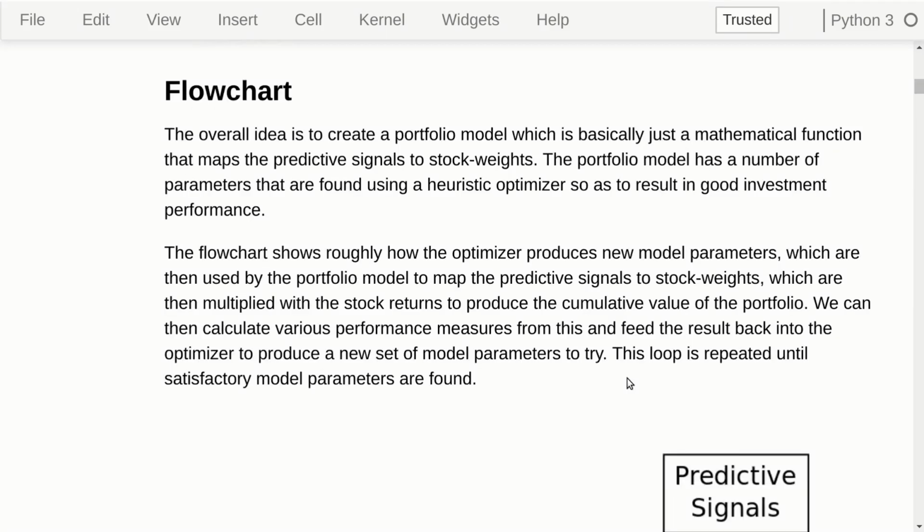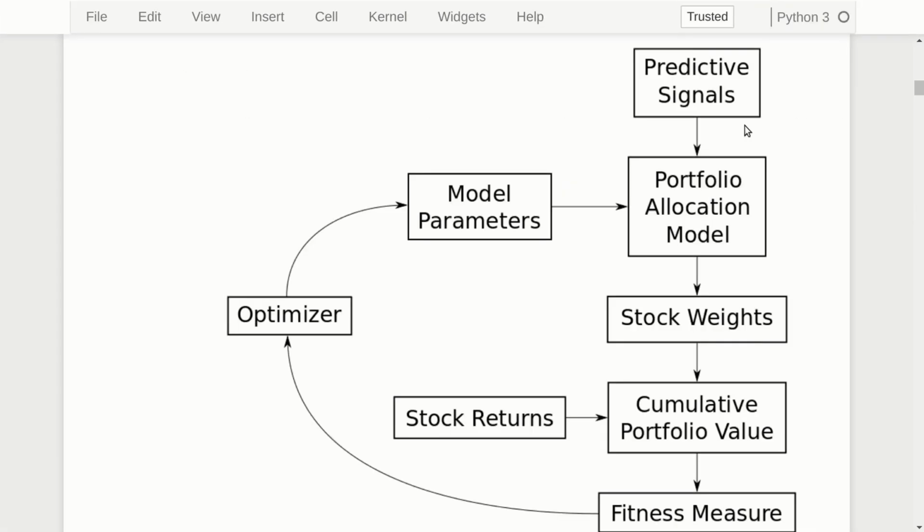So let's go back and look at the flowchart. So what we're going to do first is we're going to split our data set into a training set and a test set. Then we take the predictive signals, such as the price-to-sales ratio for each of the stocks, for the training set. We want to input this into some mathematical model for the portfolio allocation, and we want to have some parameters for this model that we will find through optimization.